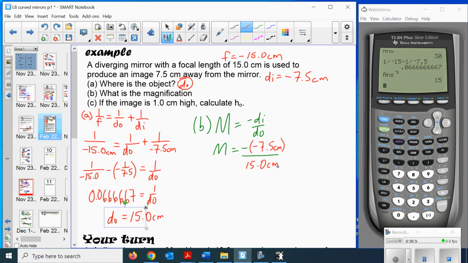This makes sense. It's a smaller object, and it's positive. It's direct, and it's virtual. So I'm going to use 1/2, but I'm going to put it as a decimal.